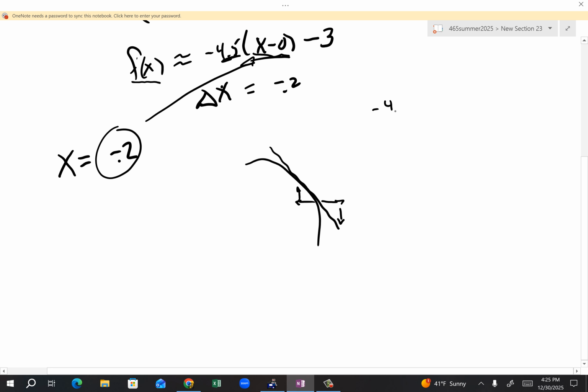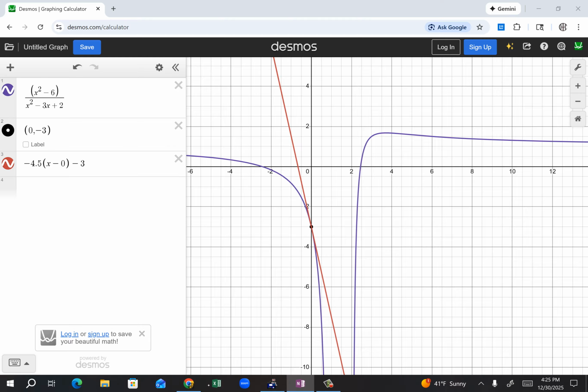It's negative 4.5 times negative 0.2, which is positive 0.9, minus 3, so it's negative 2.1. In other words, as I came back here, I went up, from negative 3 to negative 2.1. Let's see if that's true on the graph.